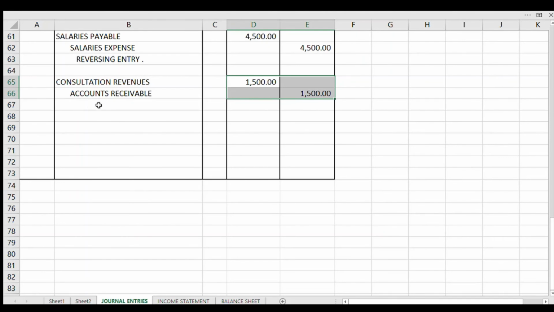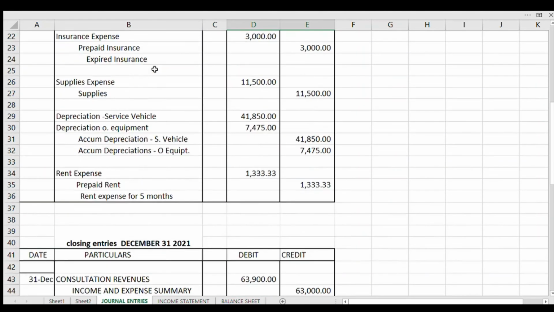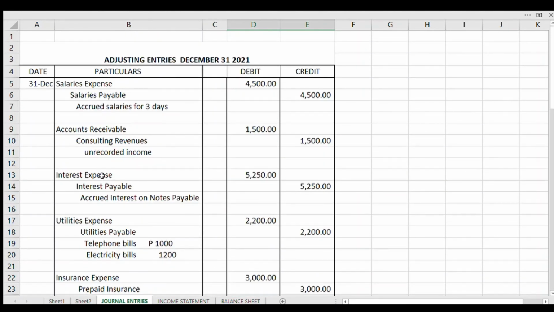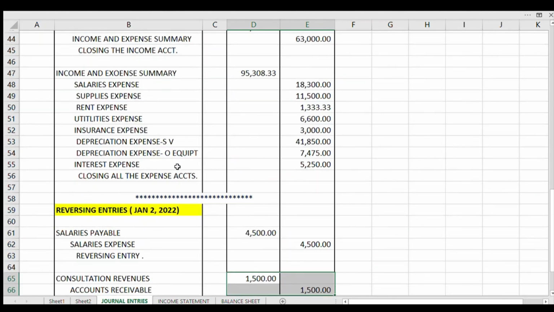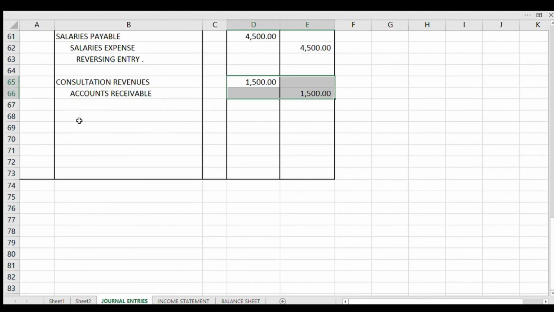Okay, next we have the accrual of interest. Reversing entry. Okay, sorry.